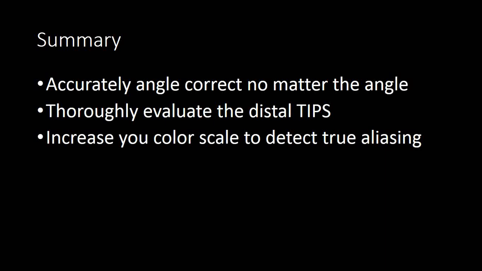And I hope that you could look at any angle corrected velocity taken with Doppler and quality assure that measurement to make sure it is accurate and reflective of the actual blood flow within the vessel.